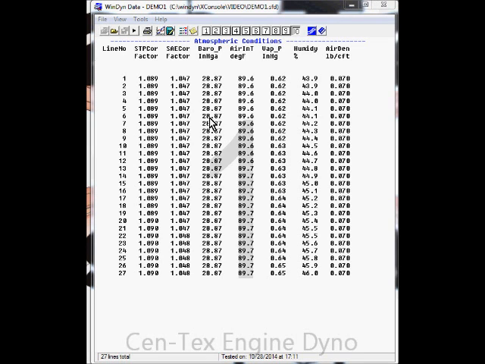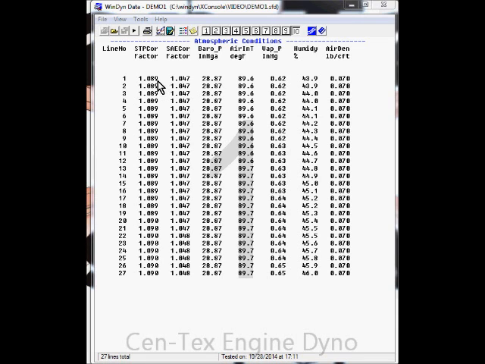The J1349 standard uses 29.23 versus the 29.92 barometric pressure, and it uses 77 degrees versus 60 degrees. And again, they use dry air, so that's the reason for the 4% correction factor.